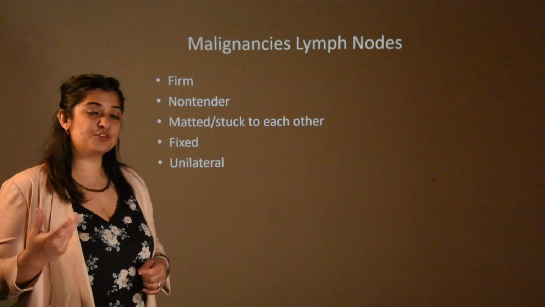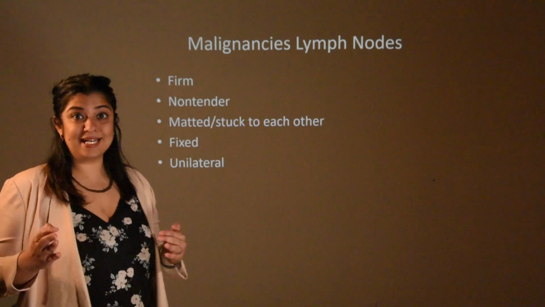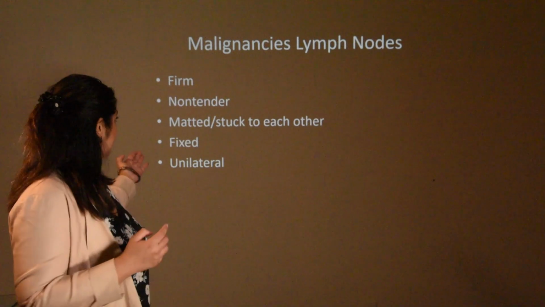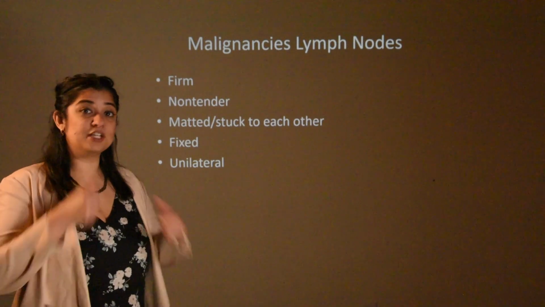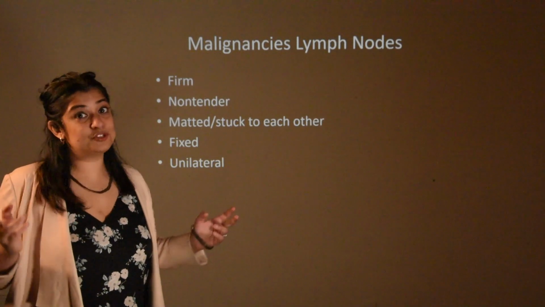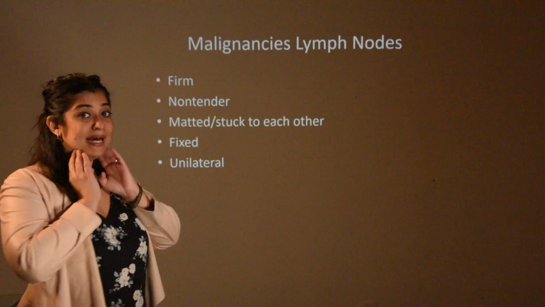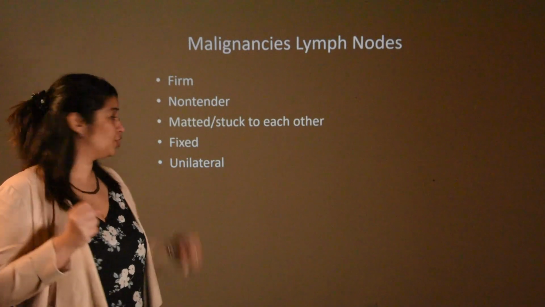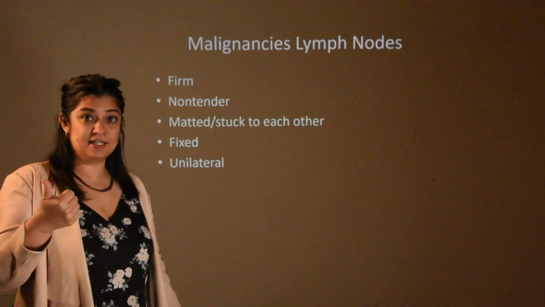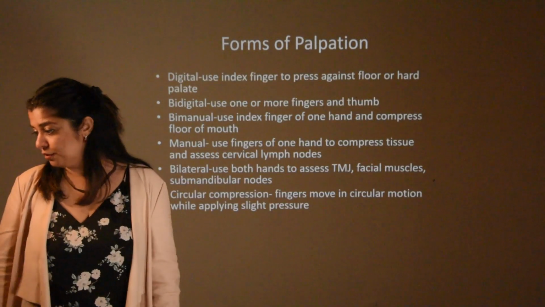How do we diagnose whether a lymph node is benign, non-cancerous, or malignant, cancerous? The way you can tell is whether the lymph node is firm. Is the lymph node tender? Tender is good. That means it's an infection or an inflammation. Is it matted or stuck to each other? Is it fixed? Is it unilateral or bilateral? These are things you want to look for.